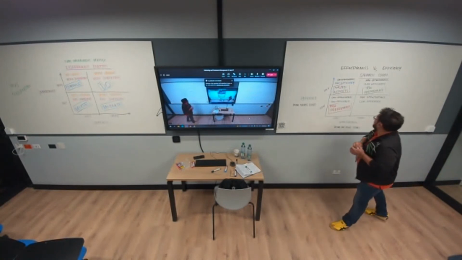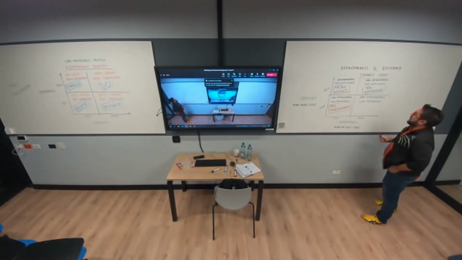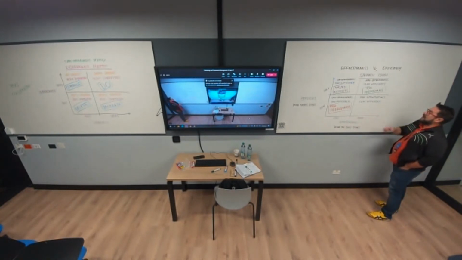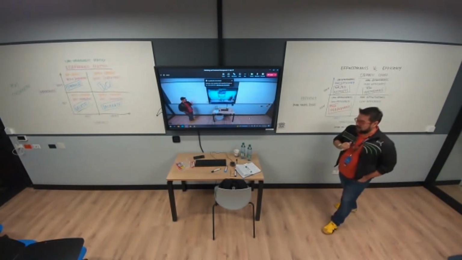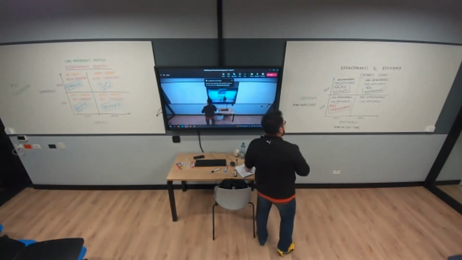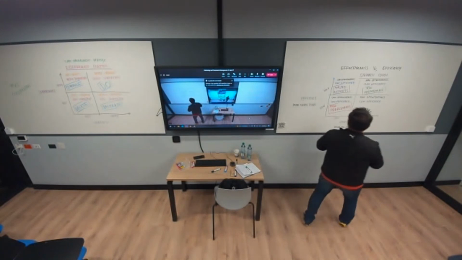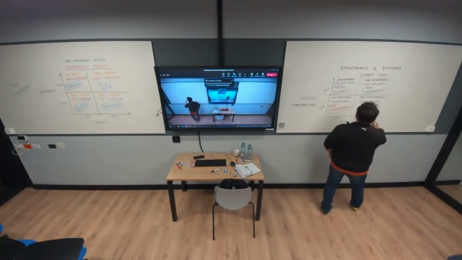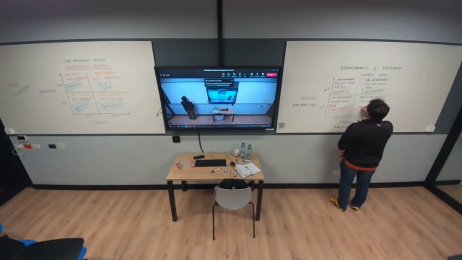And the last quadrant here we find high effectiveness but low efficiency. That quadrant is going to be called lost opportunities. The one in red, so lost opportunities.